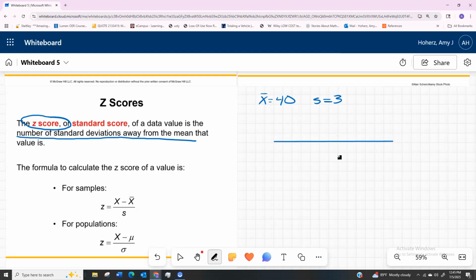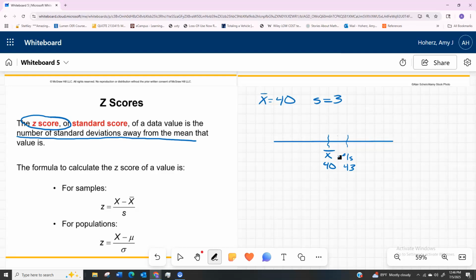That means that in the center of our data, we have x bar, which in this case is 40. And then if we go up to 43, that would be plus 1 s, and that would be 43.